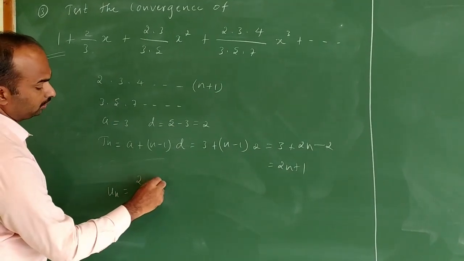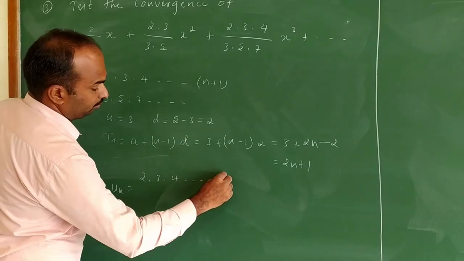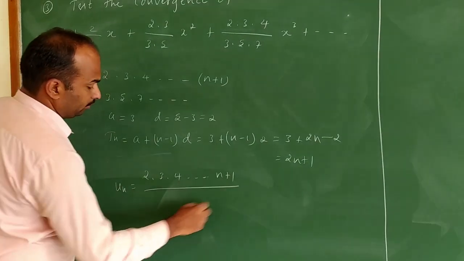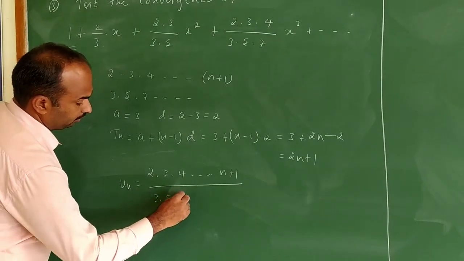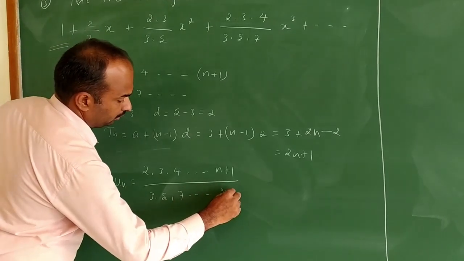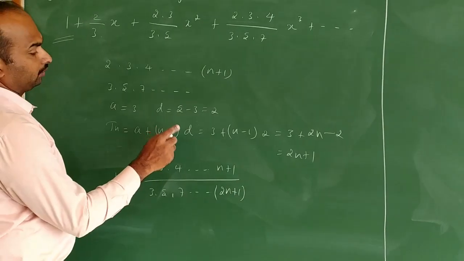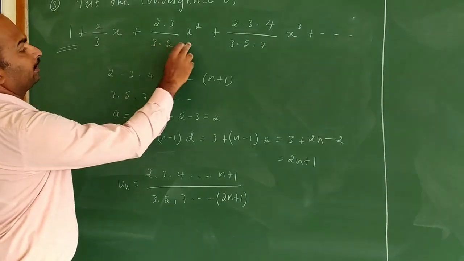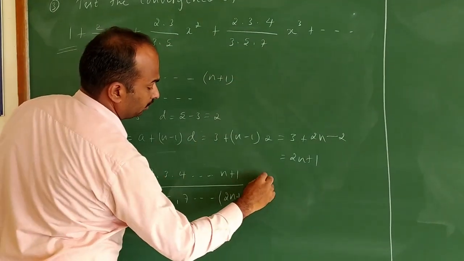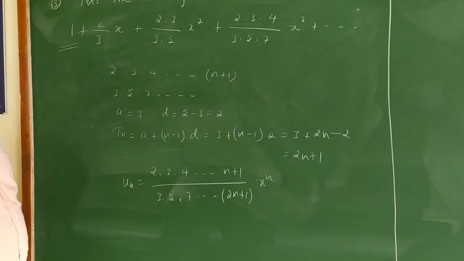numerator 2, 3, 4 and so on n plus 1, and the denominator 3, 5, 7 and so on 2n plus 1. So now here we have x, x square and x cube. So the nth term will be x to the power of n.